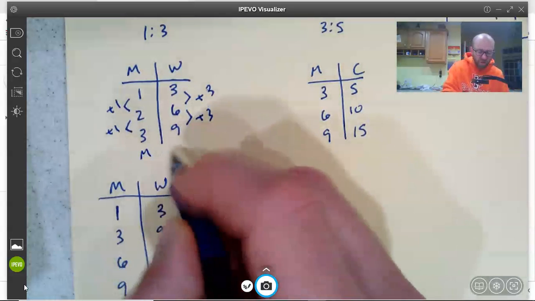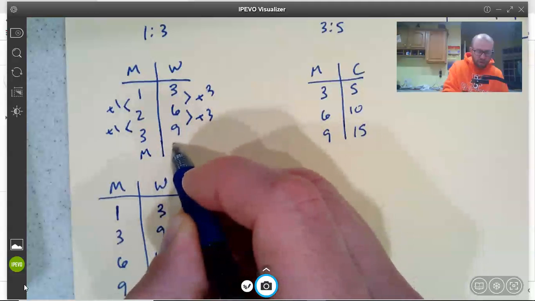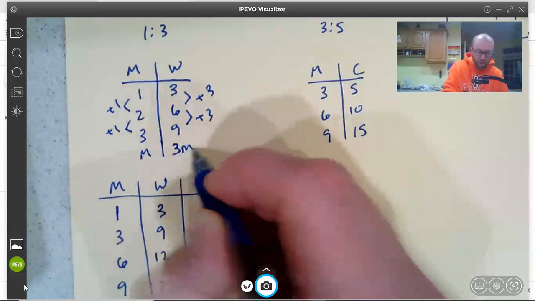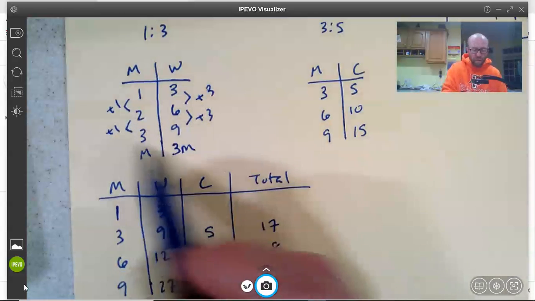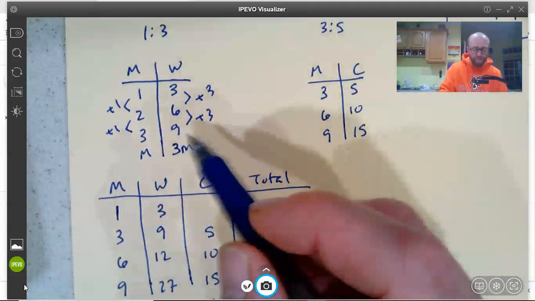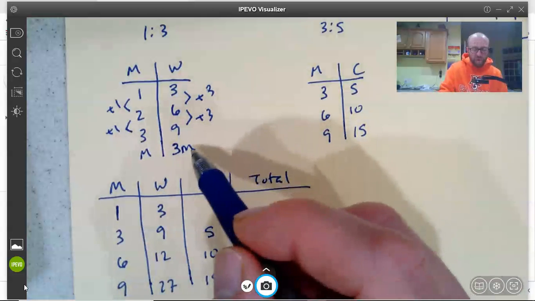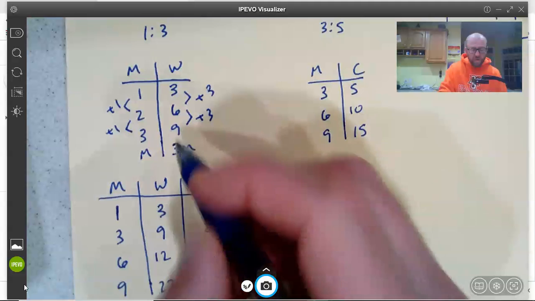So if I just have M, then W would equal 3M, because 3 to 1 is our rate of change of women with respect to men. And we don't have to do any adjustments because this works: 1 times 3 is 3, 2 times 3 is 6, 3 times 3 is 9.